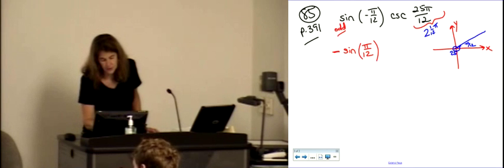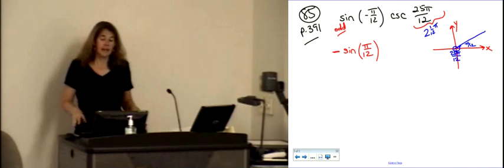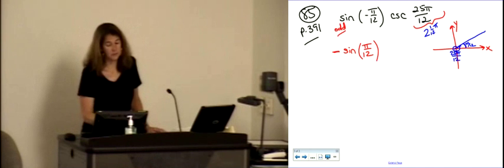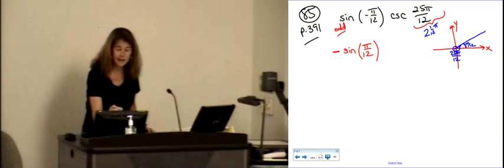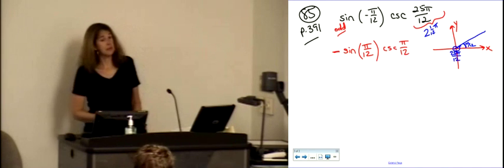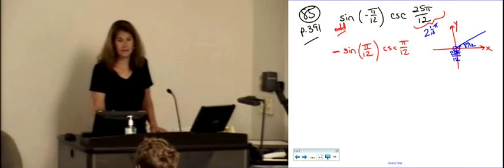So the cosecant of 25 pi 12ths will be the same as the cosecant of pi 12ths because they have that same terminal side. They're ending up at the same place.